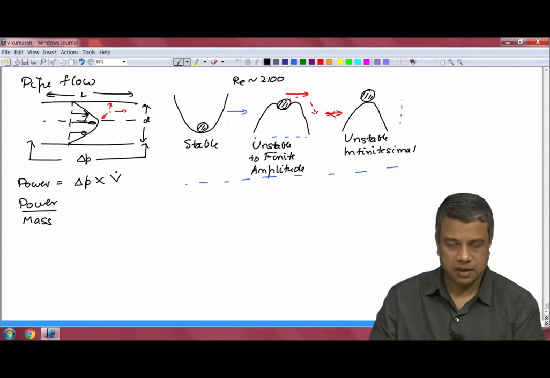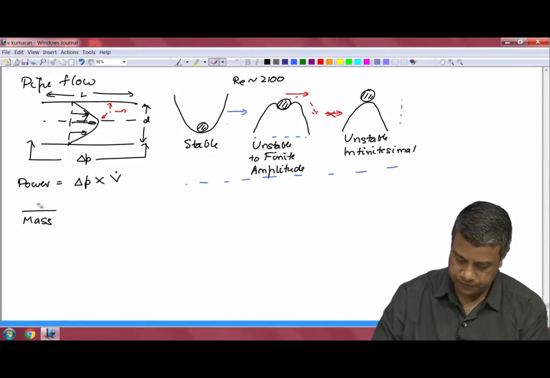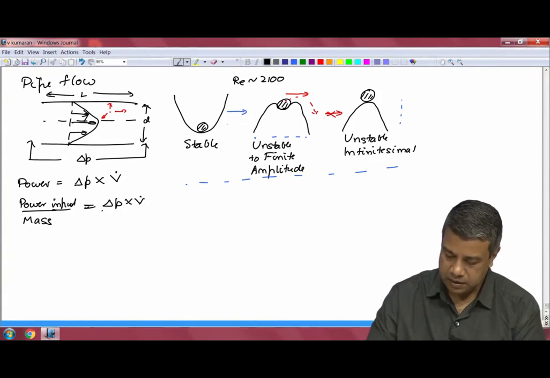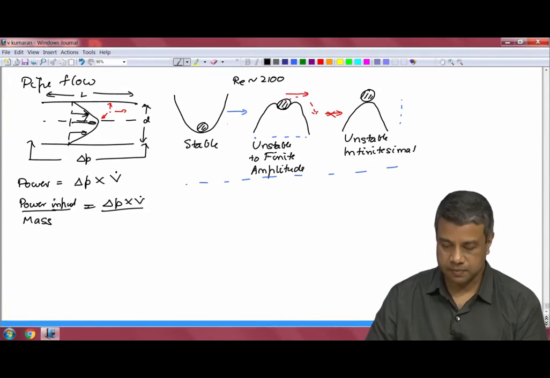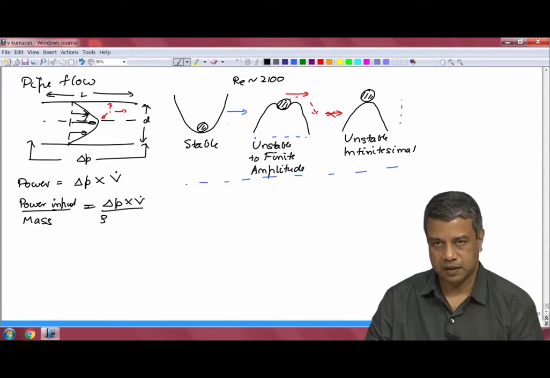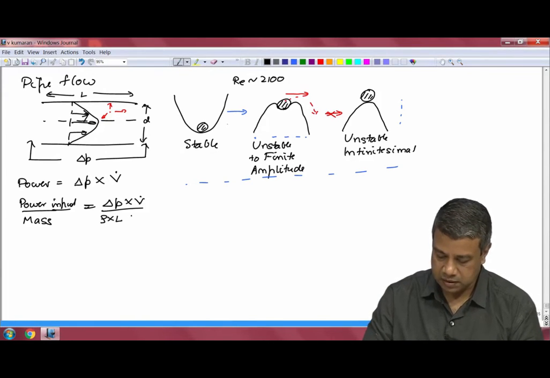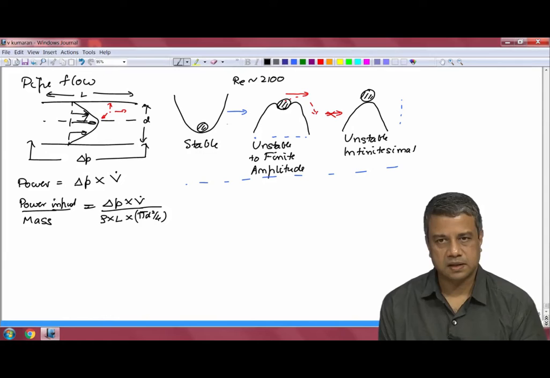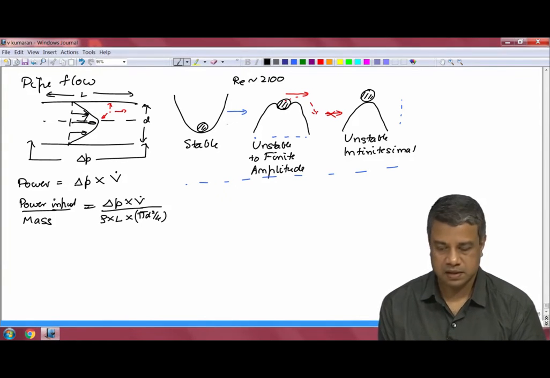The power input per unit mass will be equal to delta P into V dot divided by the mass of the fluid in the pipe. Mass of the fluid in the pipe is the product of the density times the volume. The volume is length into the cross sectional area. So, that is the power input per unit mass, the intensive quantity which we will use for analyzing the flow.